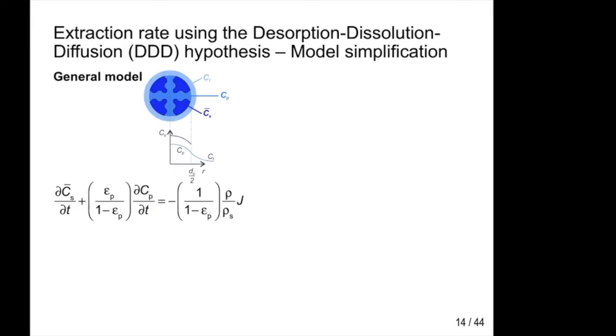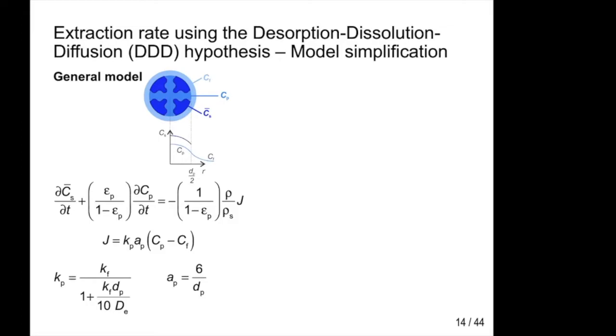Oil concentration in the solid phase was modeled using the desorption-dissolution-diffusion model. Time derivatives consider the average oil concentration in the solid substrate and the CO2 within the substrate pores. J has a negative sign, indicating that the oil leaves the particle.